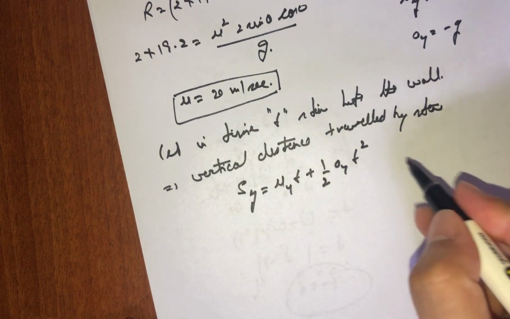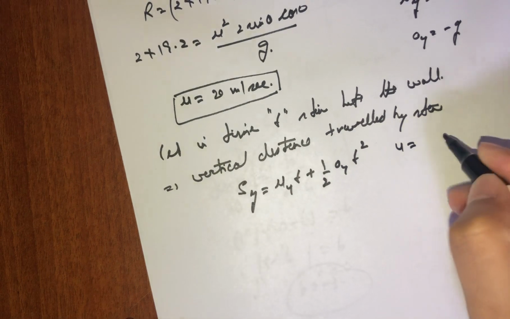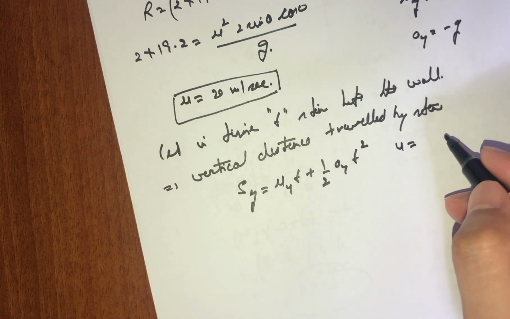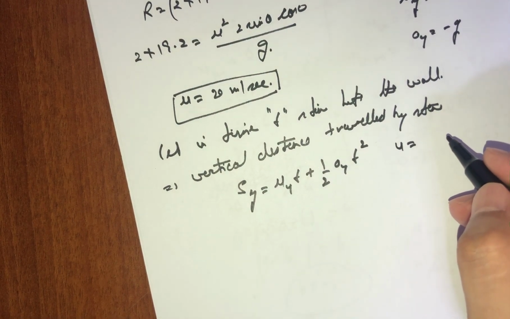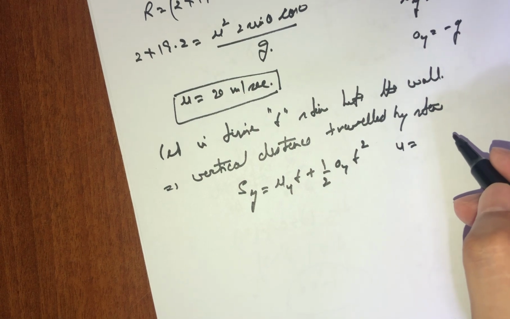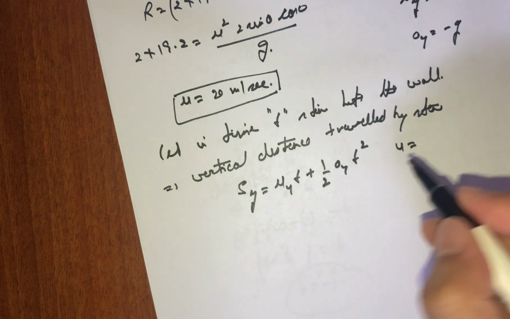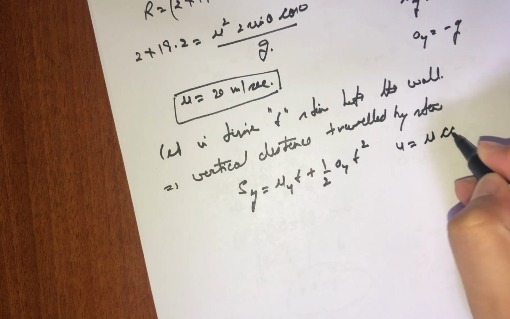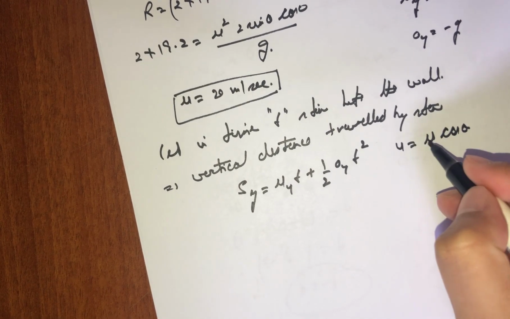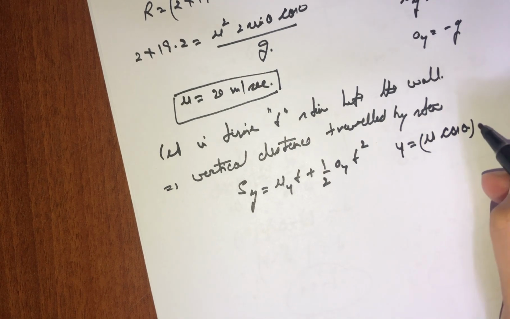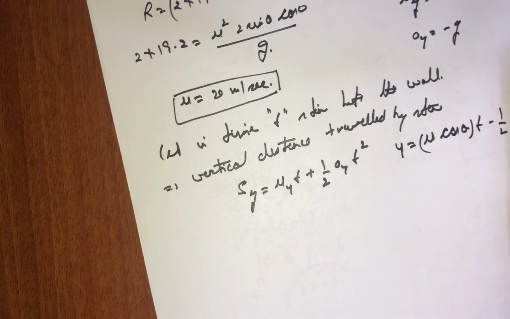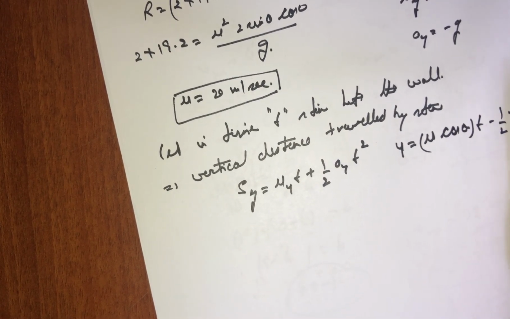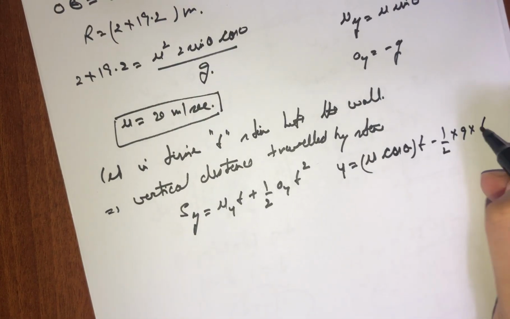So we can substitute the values. 4 is equal to u of y, which is u cos of theta multiplied by t minus 1/2 g t square.